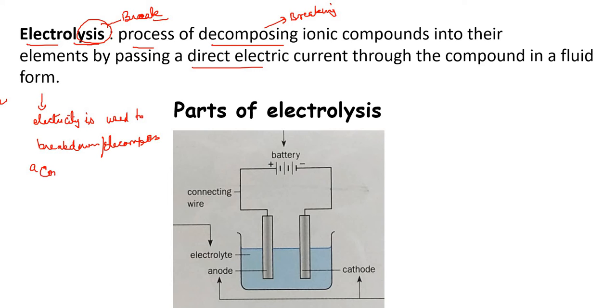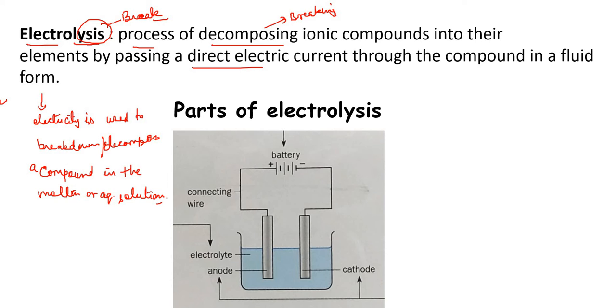Mainly you put an ionic compound, because it will form ions, which help to conduct electricity in the electrolyte itself. A compound, usually an ionic compound, in the molten or aqueous state.